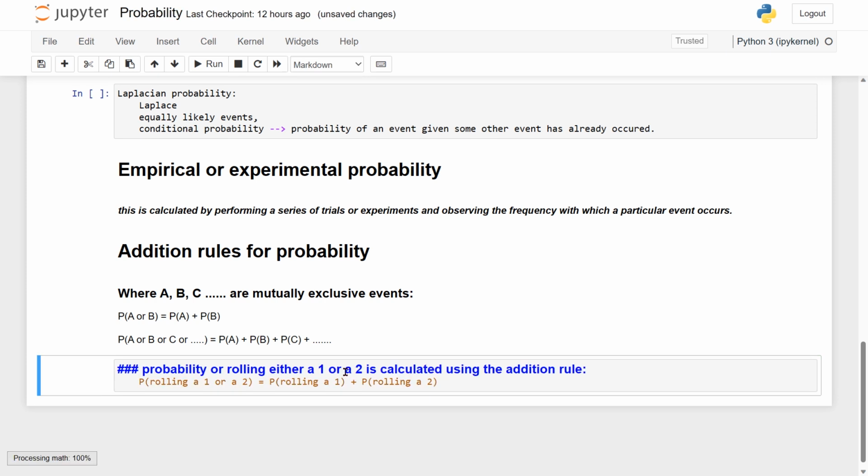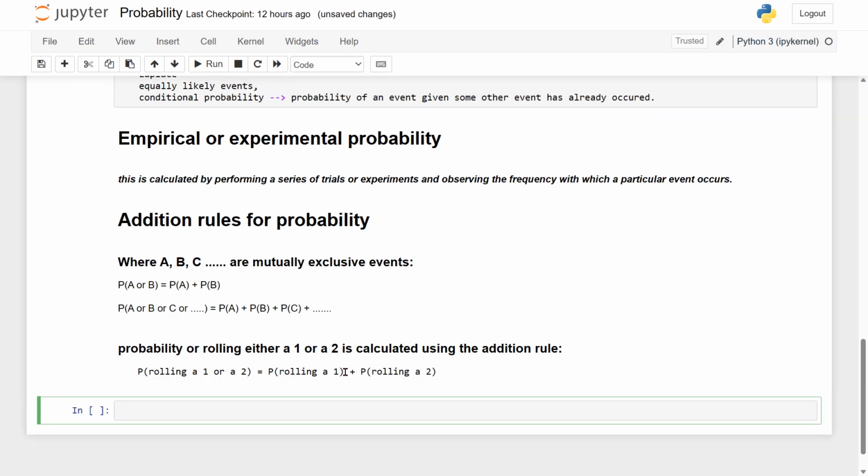That's it. Putting in the values, it's 1 by 6 plus 1 by 6, which equals 1 by 3. Another example: in a survey where people are asked to choose their favorite color from red, blue, green, the probability of someone choosing either red or blue can be calculated using the addition rule. So probability of choosing red or blue is equal to probability of choosing red plus probability of choosing blue, because they are mutually exclusive events.